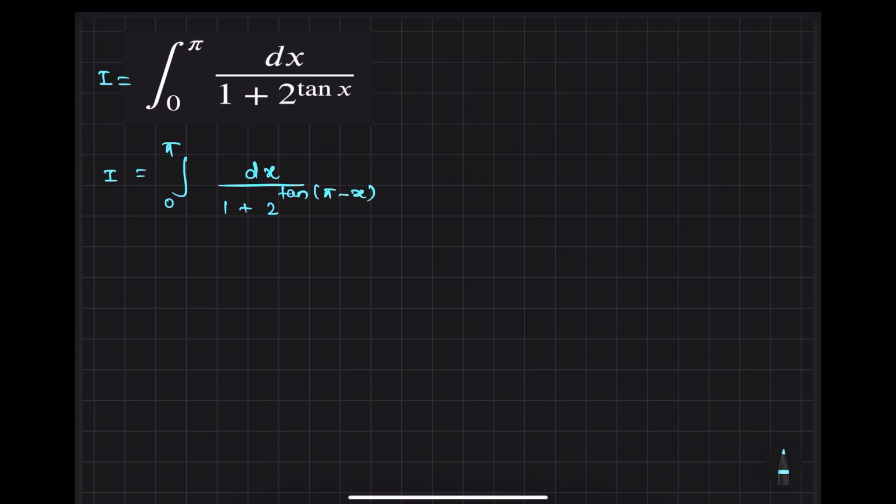So you know that you are handling horizontal axis, so no change, 10 will remain 10, but you will fall in second quadrant. In second quadrant 10 is negative, so you have to write down negative. So it is integration from 0 to pi dx by 1 plus 2 power minus 10x.